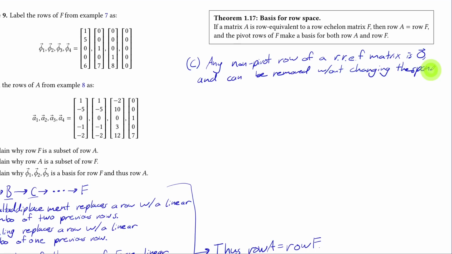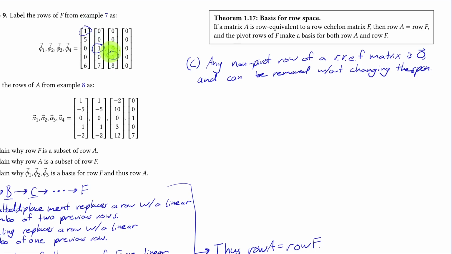So to show that we have a basis, we already know that the pivot rows will span the same subspace as if you include zero. But to show that it's a basis, we just need to show that they're linearly independent. And to do that, we're just going to notice where the pivot positions end up being.